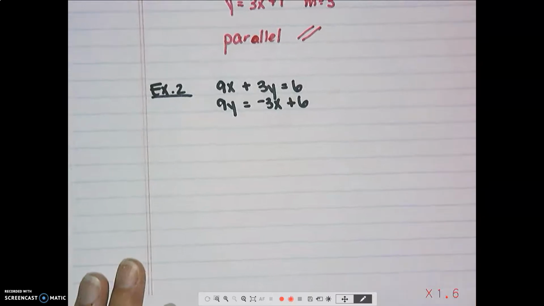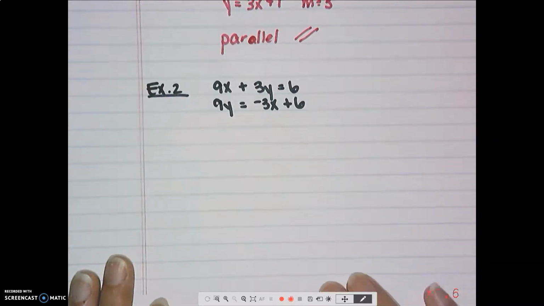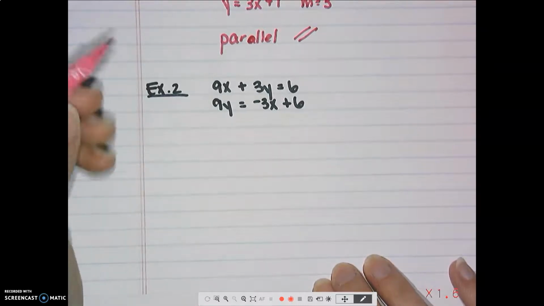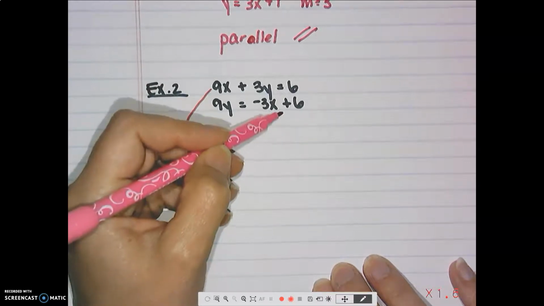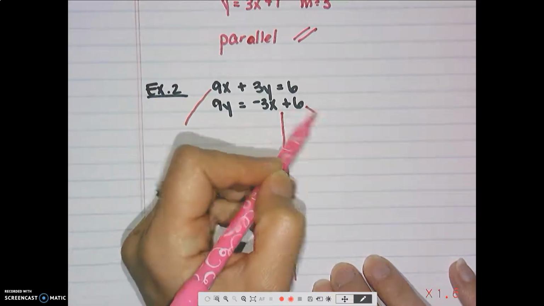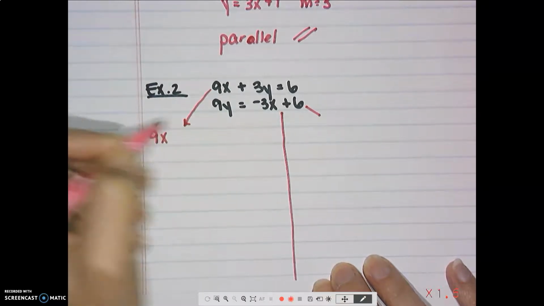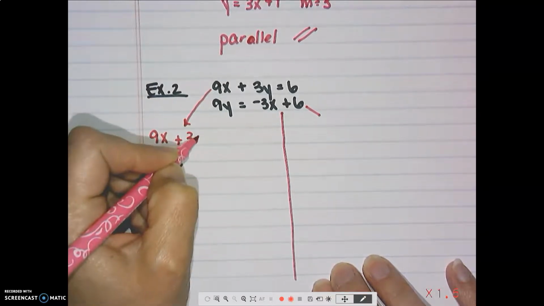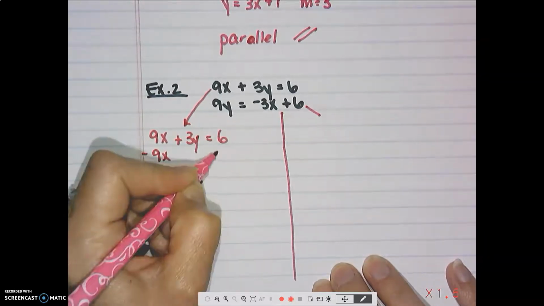All right, perfect. So let's look at another one. We have 9x plus 3y equals 6 and 9y equals negative 3x plus 6. So we obviously have to do work for both of these. So I'm going to come over here and I'll draw a line. I'll kind of take them to their own sides here. So we have 9x plus 3y equals 6. To get y by itself, we need to move the x's.